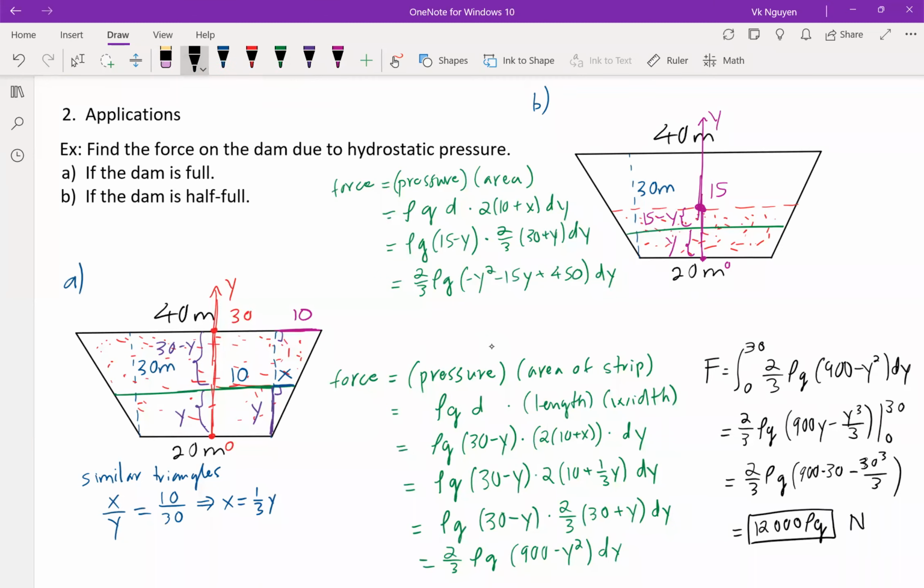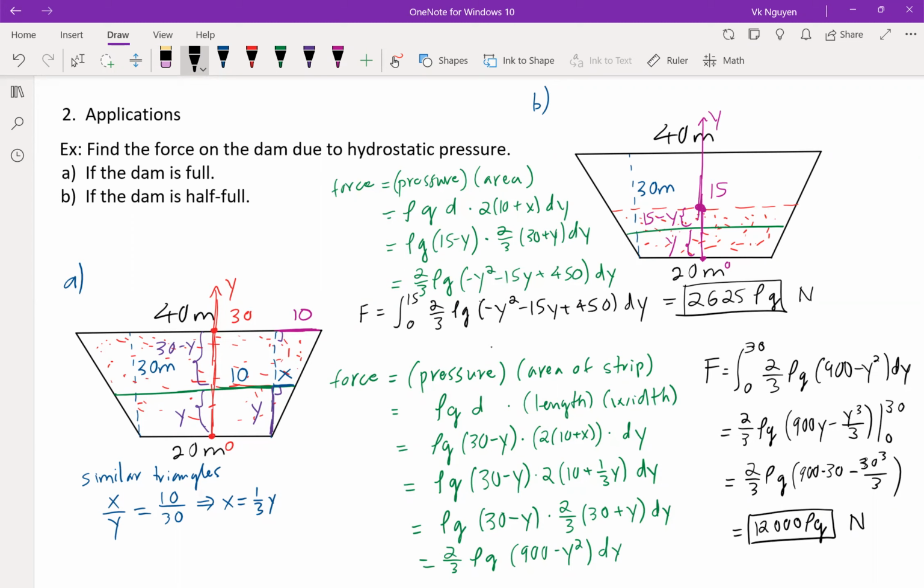So the force would be the integral from 0 to 15 of 2/3 rho g (minus y squared minus 15y plus 450) dy. If you work out the integral, you will get 2.625 rho g Newton. The force is way less than when it is full.